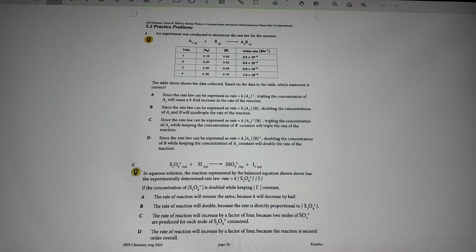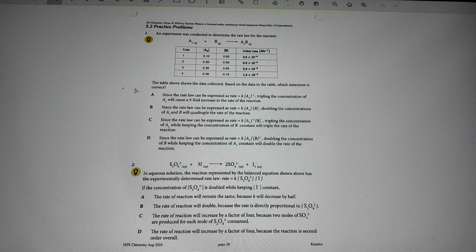You want to write the rate law with this. You know that A2 stays constant in all of these.